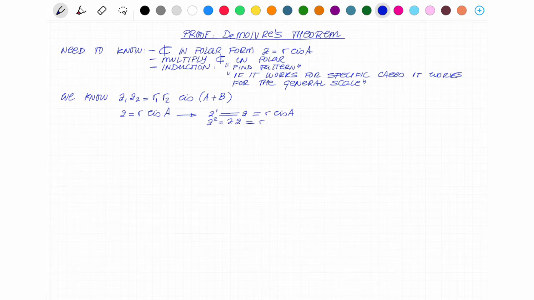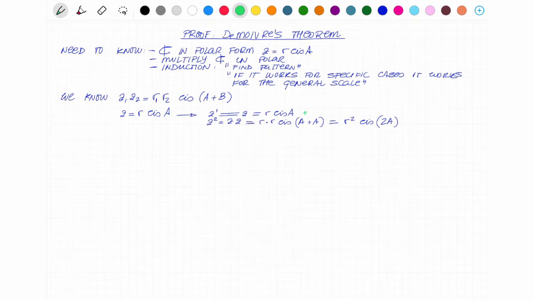And that could be r times r, cis of a plus a. And because now I've got terms that I can simplify, that would be r squared, cis of 2a.